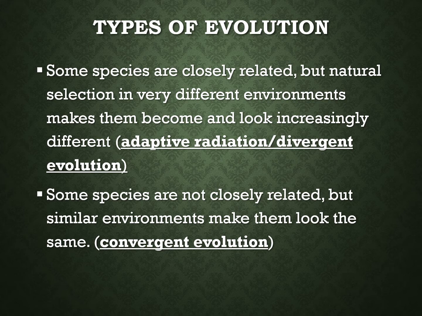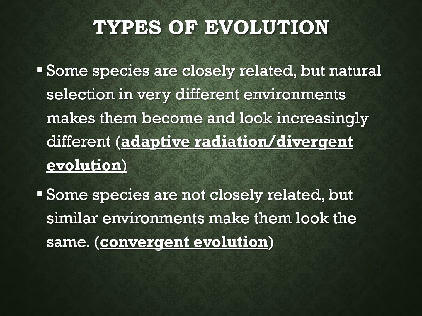Okay, so then looking at some different types of evolution. So some species that are really closely related, like Darwin's finches are a good example of this, they are actually closely related, but natural selection in different environments makes them become and look more and more different. So this is called adaptive radiation or divergent evolution.